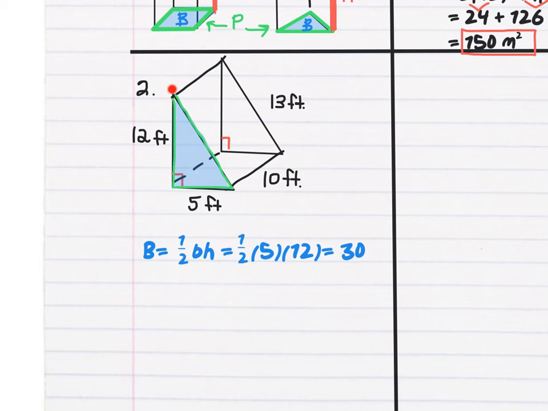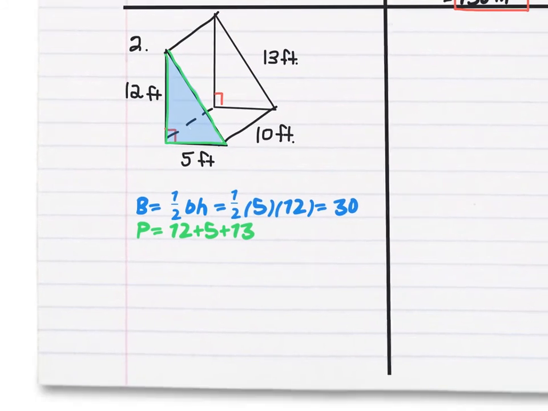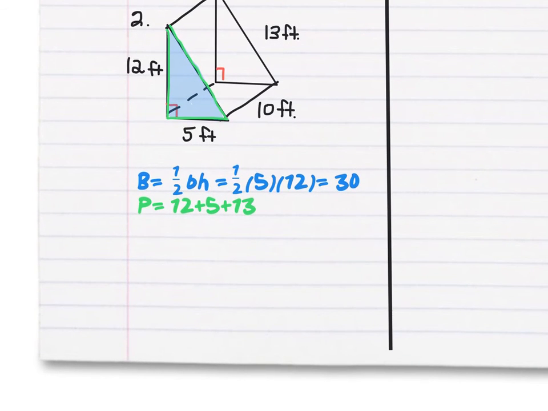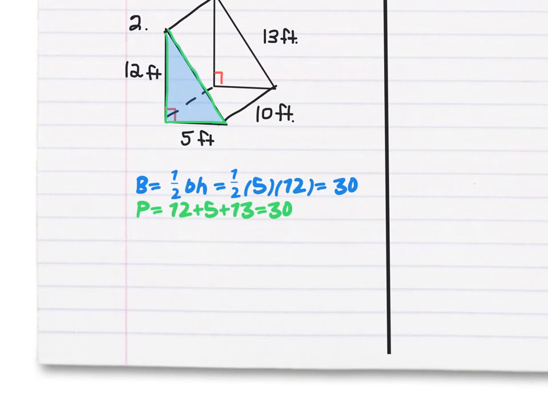So when you're looking at this, this is 12 feet, this is 5 feet, and then this diagonal right here is going to be 13 feet. So adding all those up, you'll get a perimeter of 30. So write down 30. It's just by coincidence that happens to be the same as the base area. That is not always the case.